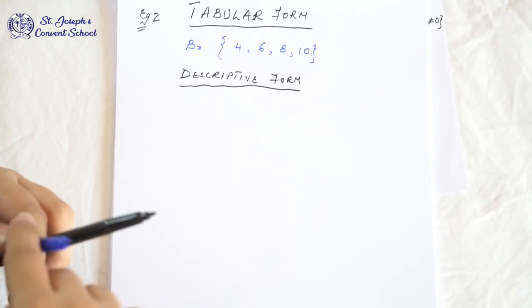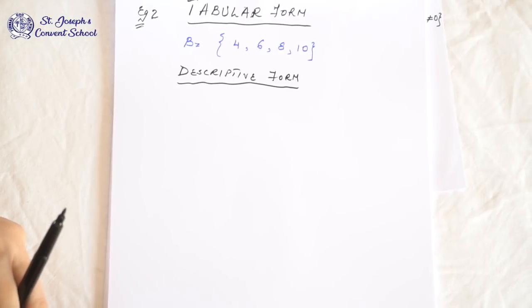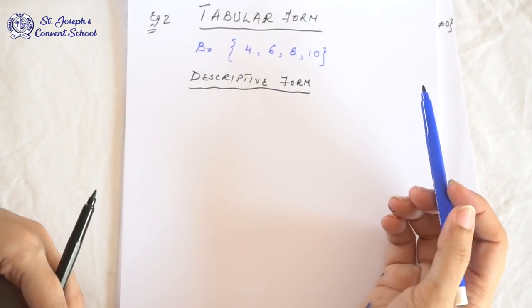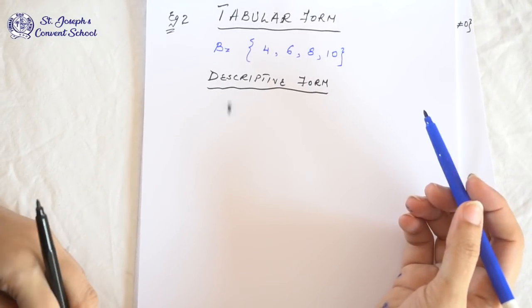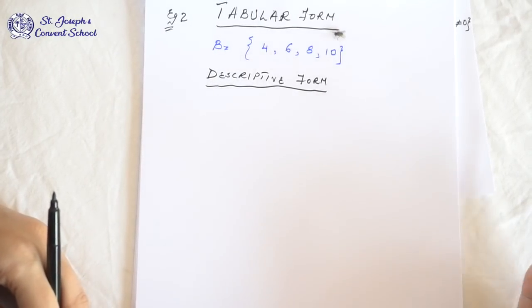Now you can see 4, 6, 8, these are even numbers. So it is a set of even numbers. Now you can see it is not starting from 2, so you cannot say first 4 or first 5 numbers. No, numbers are starting from 4. So a set of even numbers starting from 4 till 10.